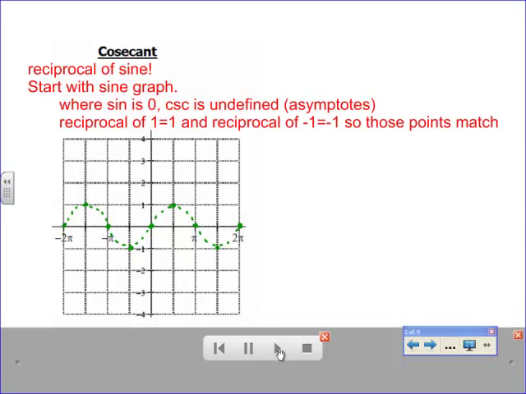Identify any place where sine was 0 as an asymptote for cosecant. So here it's going to happen at negative 2 pi, negative pi, 0, pi, and 2 pi. So we identify all of those asymptotes.